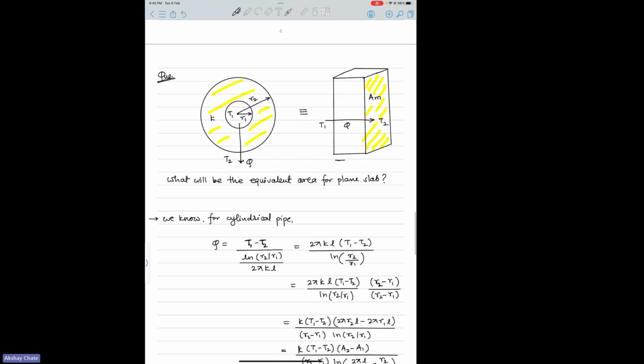K will be the same, and let's say B is the thickness of that wall, so this is BM. Now we can write it as K T1 minus T2 remains as it is, then you'll have the AM by BM term.